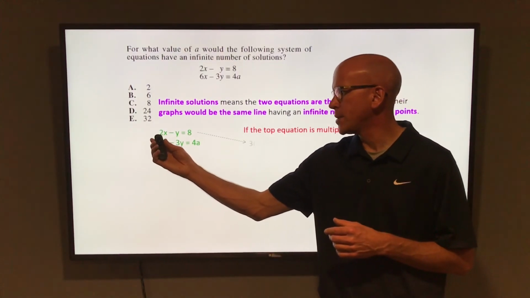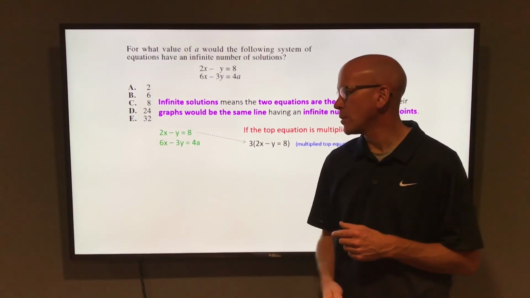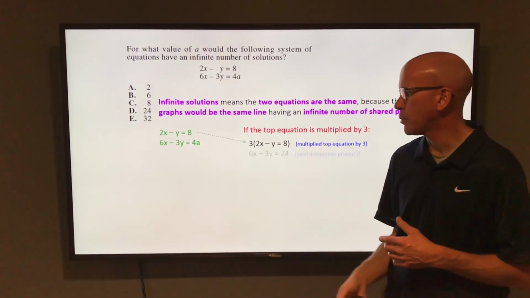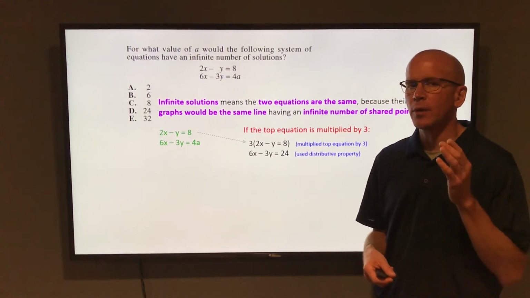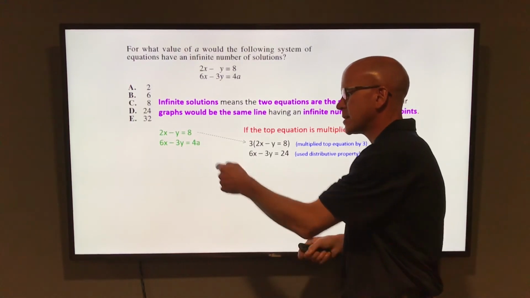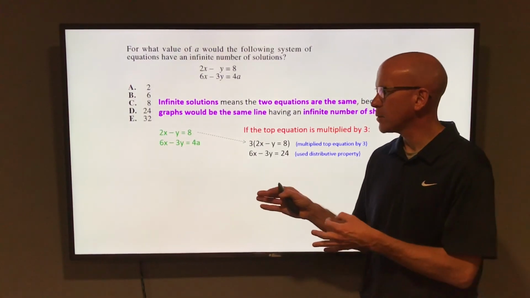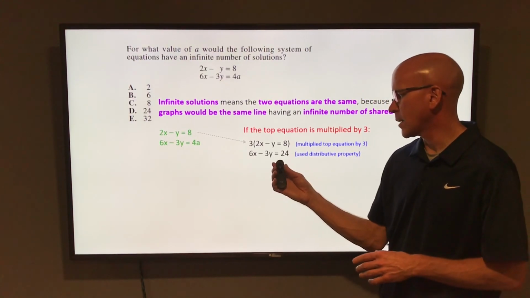Because if you take 3 times 2x, that's 6x, and 3 times negative y is negative 3y. So we're taking that top equation, multiplying by 3, gets 6x minus 3y equals 24. Remember what we're after here. We're looking for the value of A that makes these two equations the same. So it's perfectly fair to multiply the top equation by 3. We have 6x minus 3y equals 24.